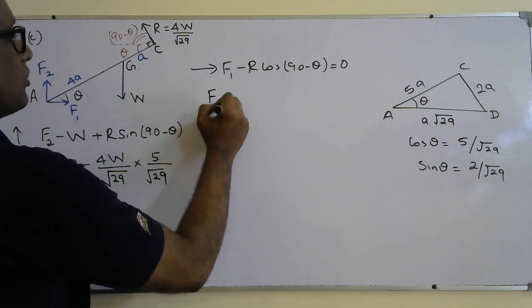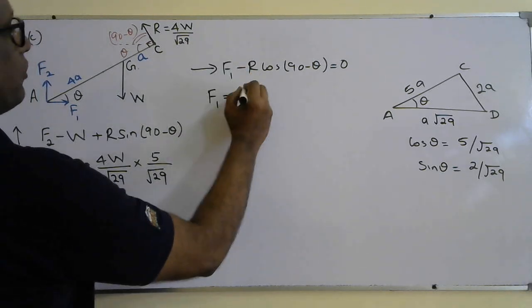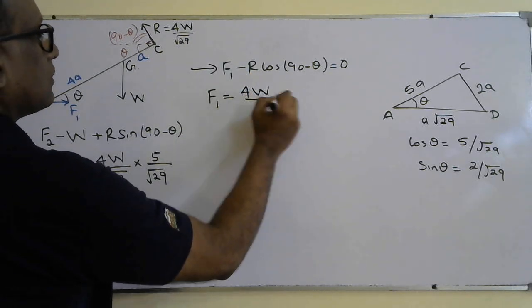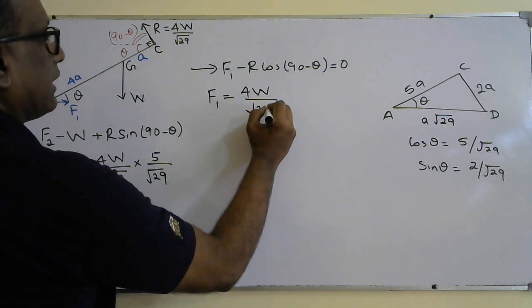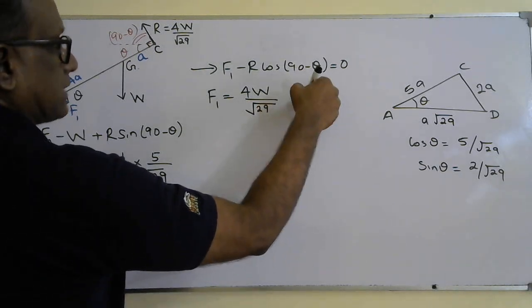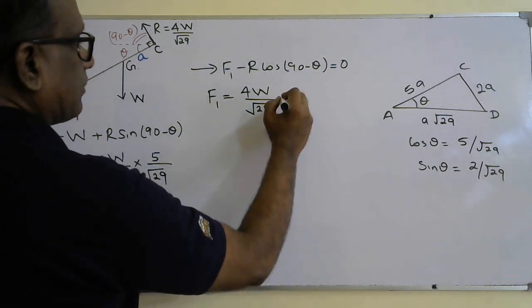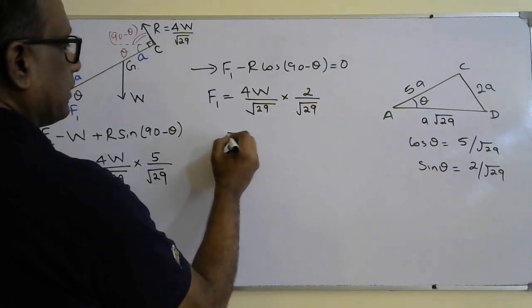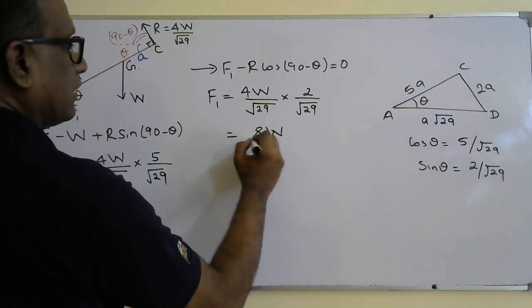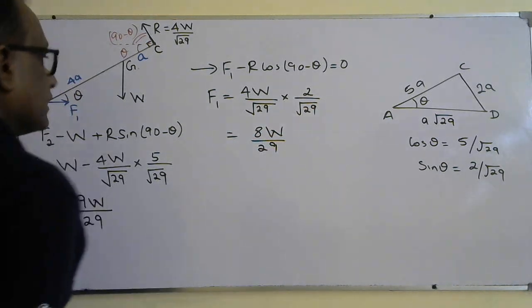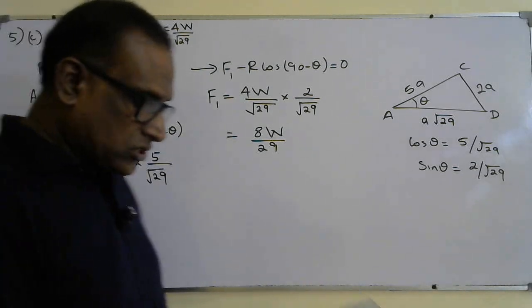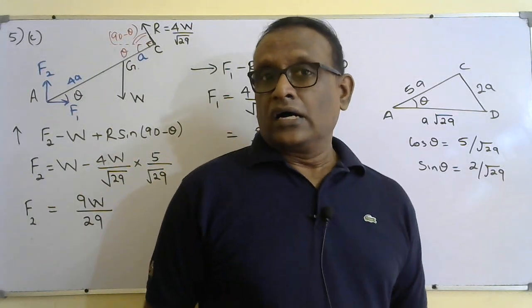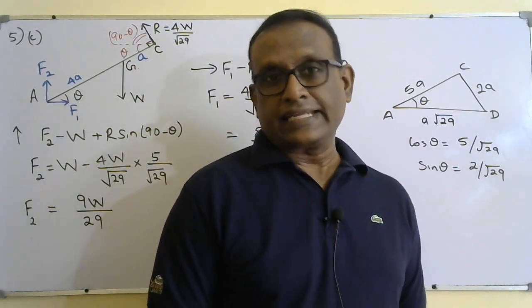So F1 is going to be R, substituting 4W over square root of 29, times sin theta, which is 2 over square root of 29. That's going to be 8W over 29. So these are the components of the resultant force, the actual force acting at A.